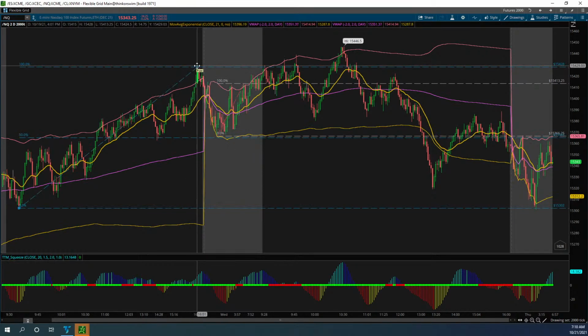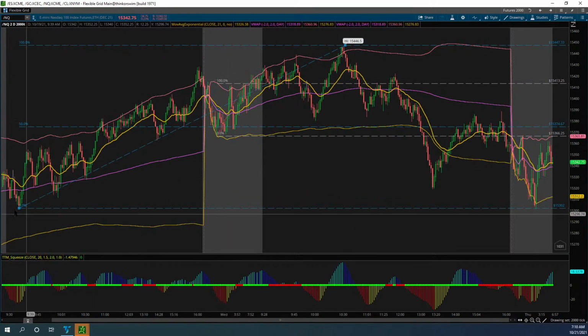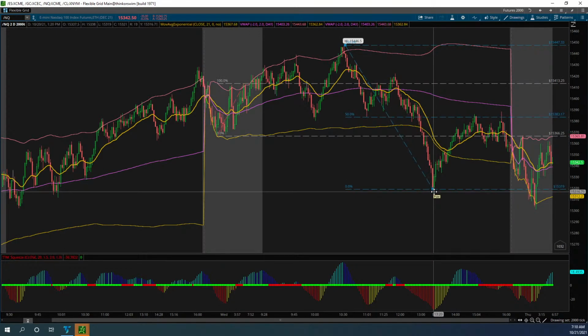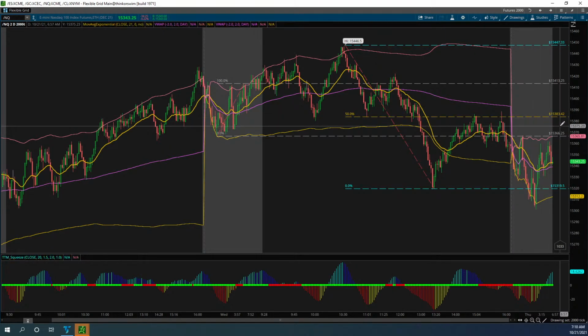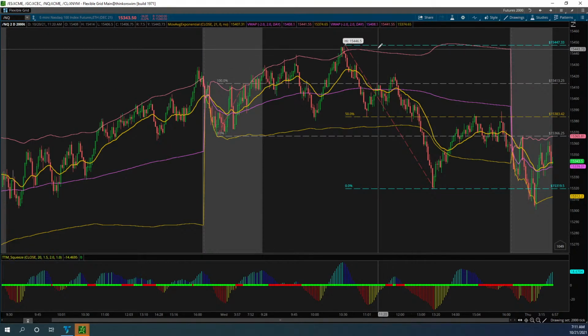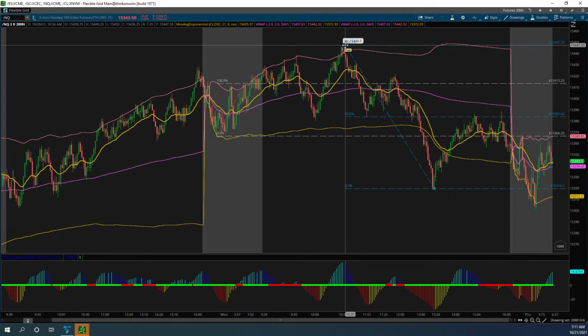Again, I don't trade NQ, but it's a good indicator of what could be going on with the ES. Yesterday's high and low are right here, and then the mid is 15,383.42.